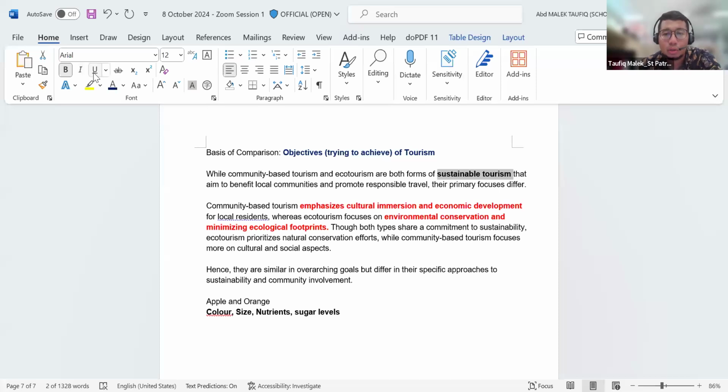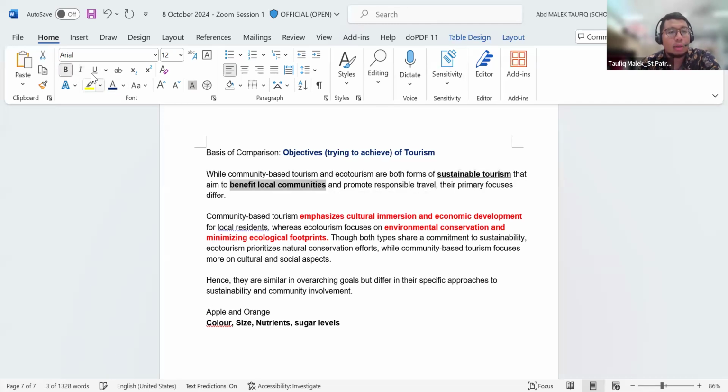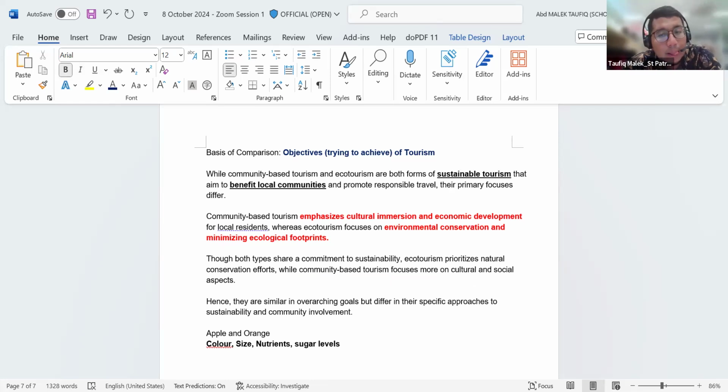Both are trying to achieve sustainable tourism, and both are trying to benefit local communities. But one focuses on cultural immersion and economic development, while the other focuses on environmental conservation. So it's very clear that the focus is different. Therefore, I must have this conclusion.